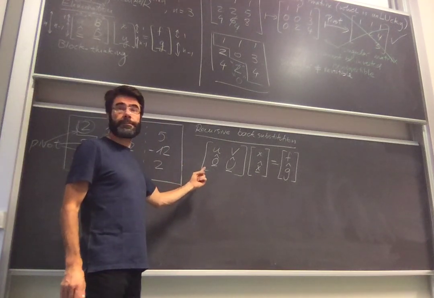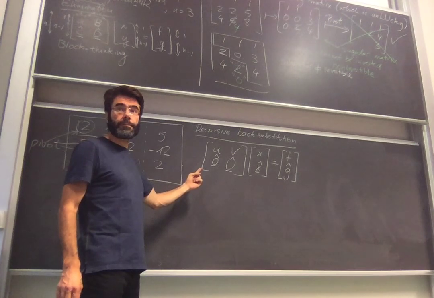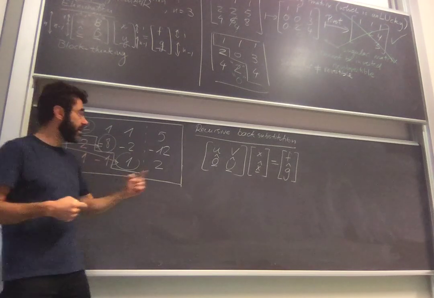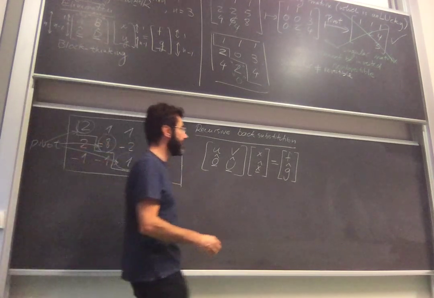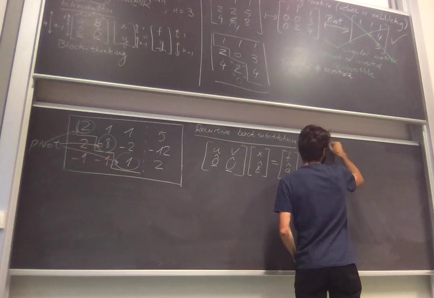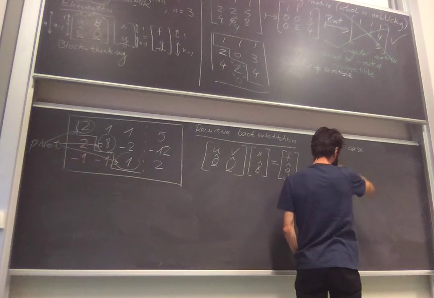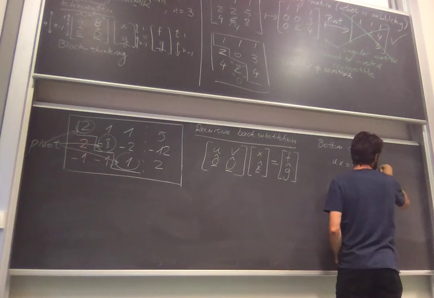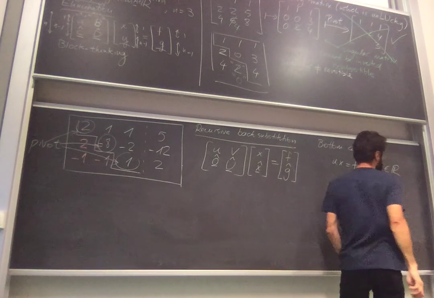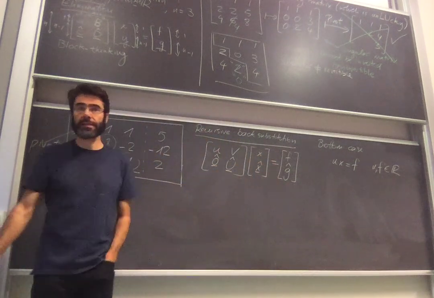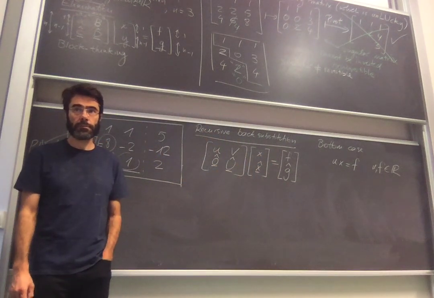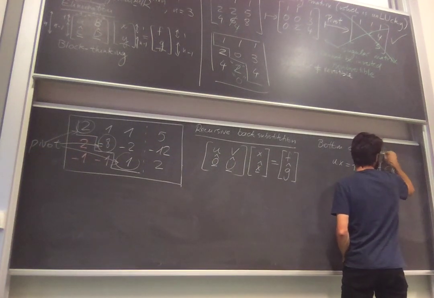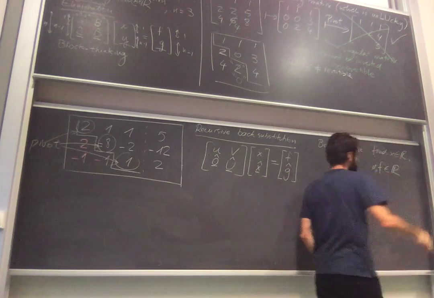How do we solve this? Back substitution. Remember, back substitution is like recursion, because you have to start from the bottom case. The bottom case is really a silly one: ux equals f, where u and f belong to R. Find x in R. When is it that you can solve this?